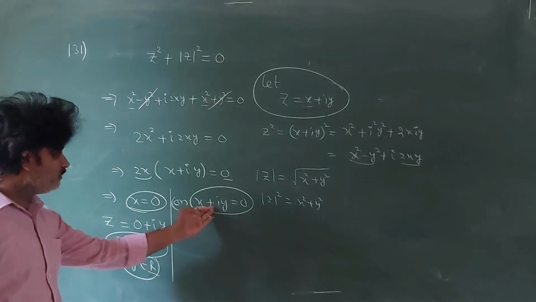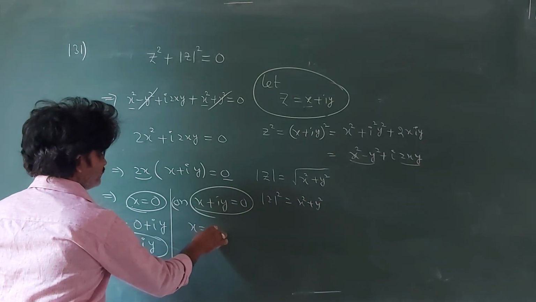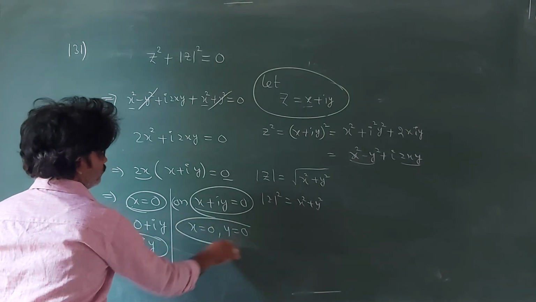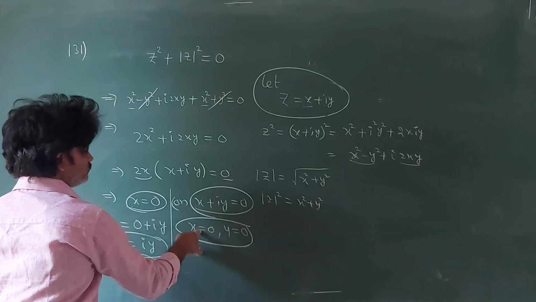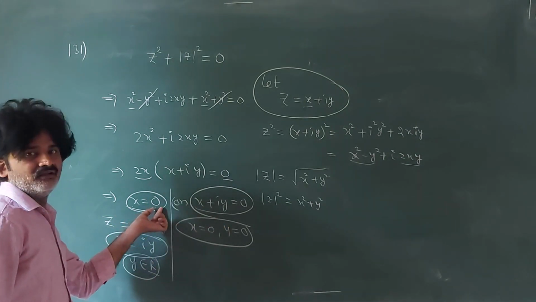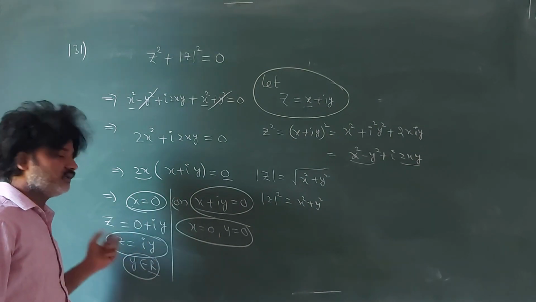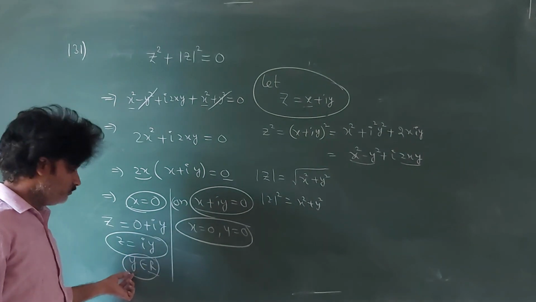So that's why the number of solutions is infinite. Here one more we got x plus iy equal to 0. From this x equal to 0, y equal to 0. Entire 0 means both must be 0. Already both 0 we are getting here only. X 0, take y also 0. So this one is included even here. So total how many now?